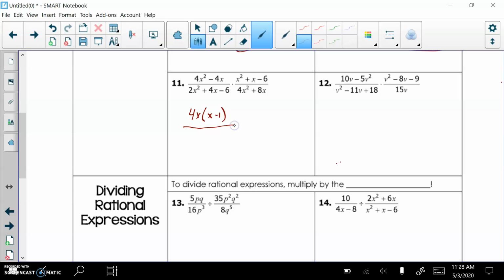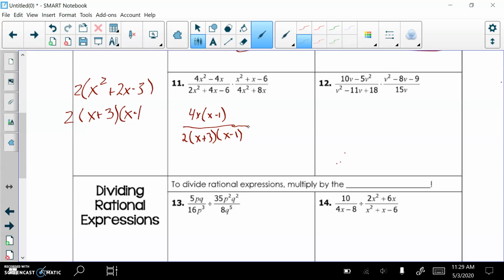The denominator, I'm going to use the margin. 2x squared plus 4x minus 6. It gets me x plus 3, x minus 1 with a 2. So that means 2 times the quantity x plus 3 times the quantity x minus 1.